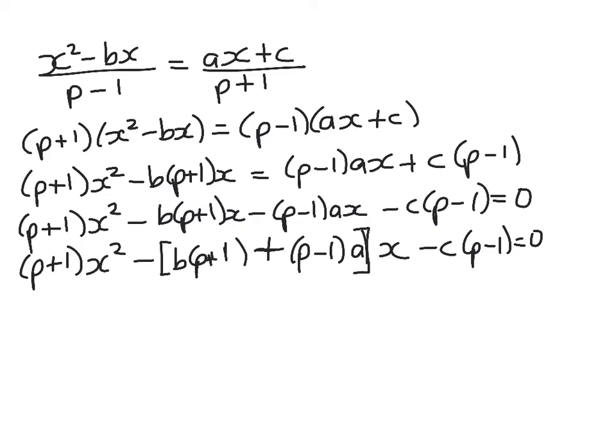Now we know from looking at the quadratic formula that b is equal to 0, and by b we mean the coefficient on x. So we're going to solve this.